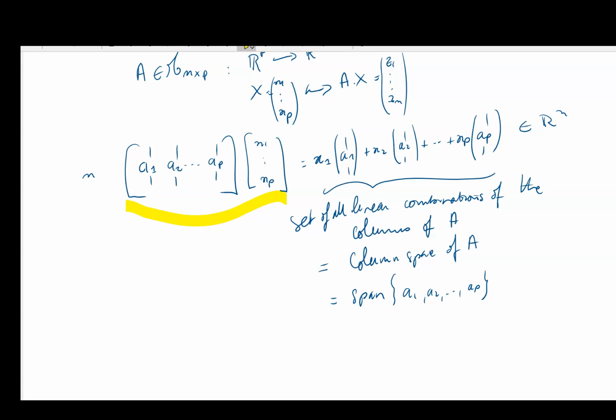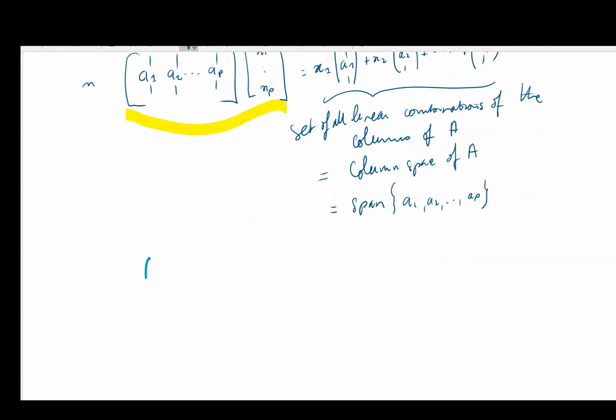So what is the implication of this idea when I want to solve something like Ax = b, with the same dimensions: b is in R^n, x is in R^p, and A is in the set of matrices with n rows and p columns?